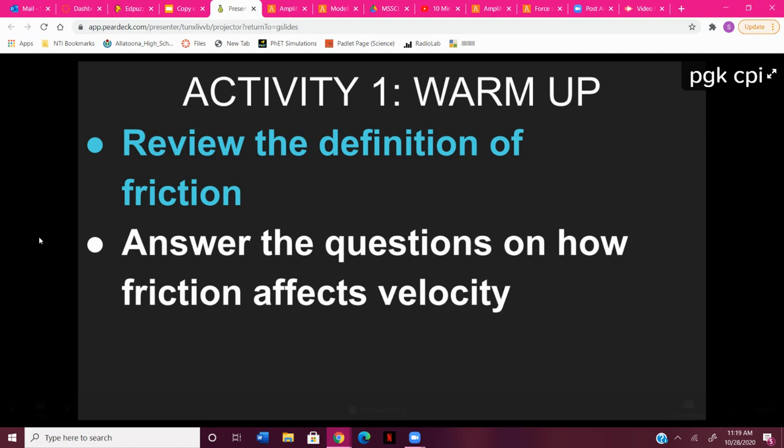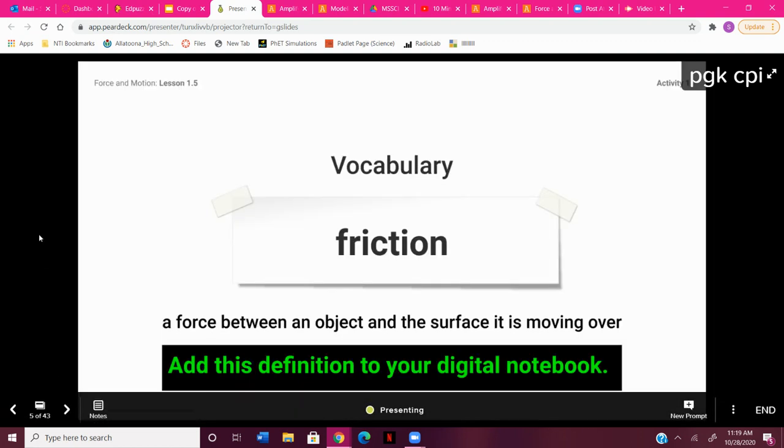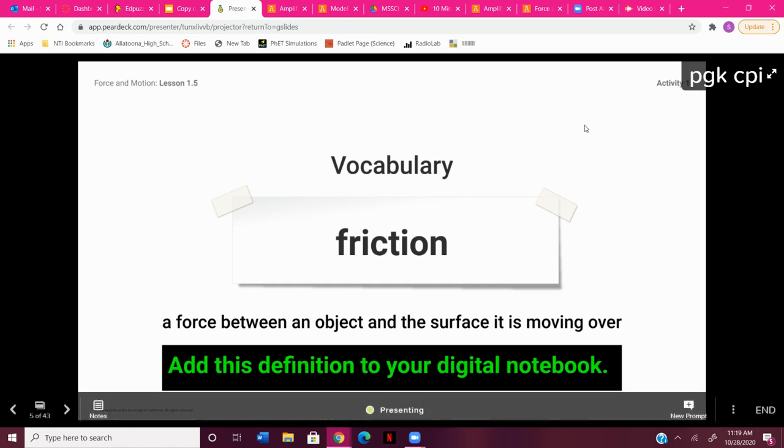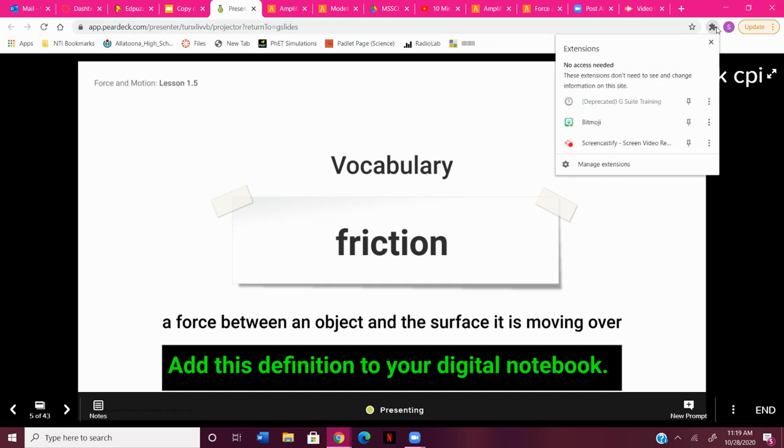Okay, so we read an article about friction on Monday. What I want us to do right now, if you have not put this in your digital notebook, is add this vocab word to our digital notebook. We've got the word friction. Friction is a force between an object and the surface it is moving over.